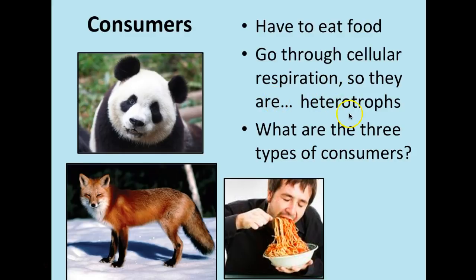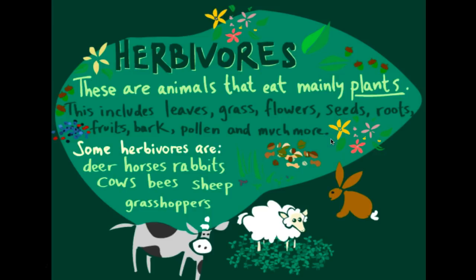Remember, your stem hetero means different. And again, troph means food, feeding, nourishment. So the 3 types of consumers. First is herbivores. Your stem herb means plant. So herbivores are organisms that eat plants. That can also include things related to plants like bark and roots, seeds. It doesn't necessarily have to be the leafy part.